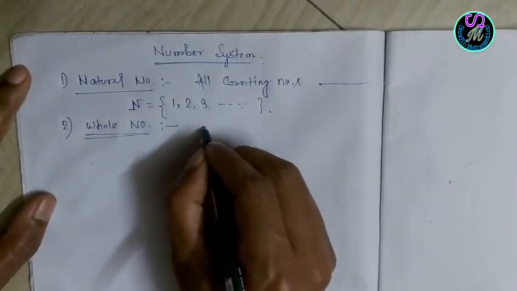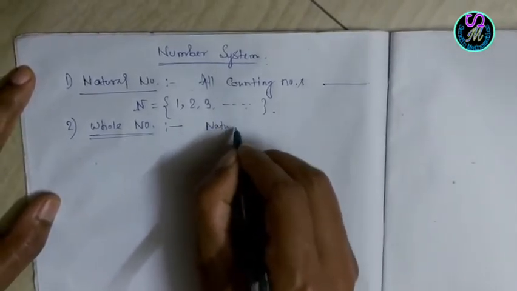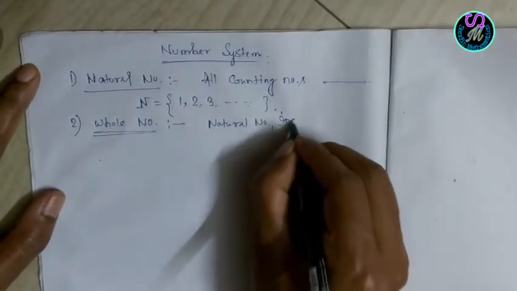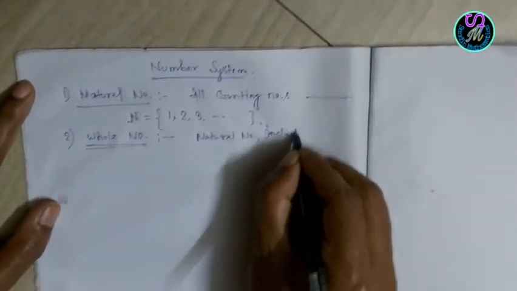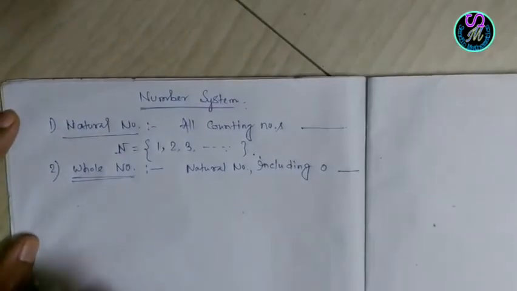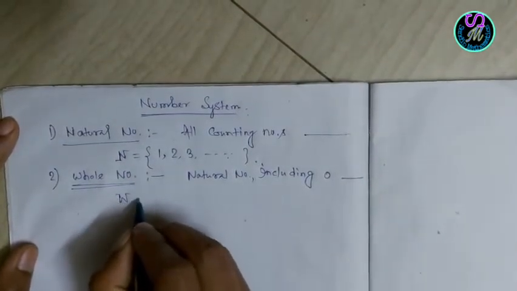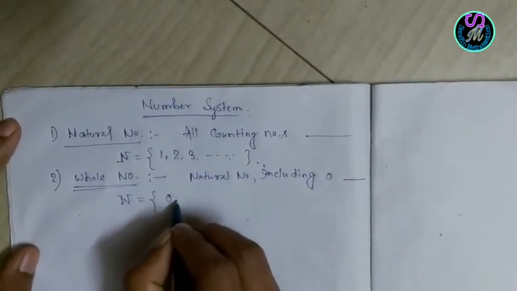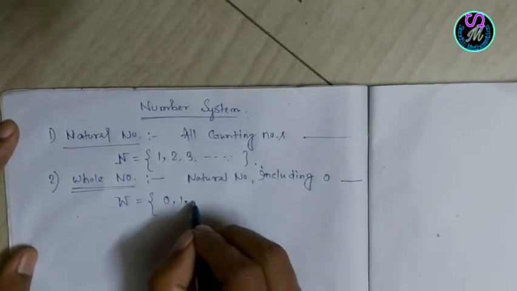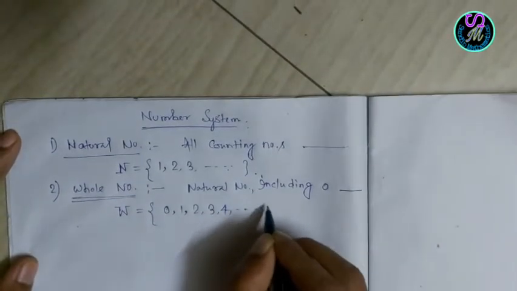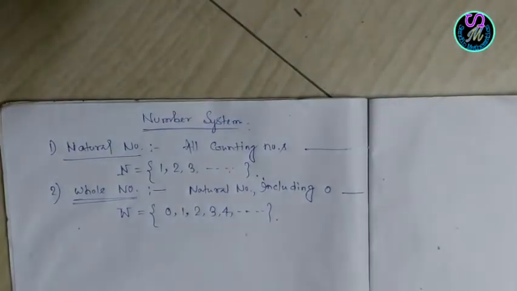So 0 together with the natural numbers is called the whole numbers. The whole number set is represented as W, and W can be expressed as first 0, then the natural numbers, that means 1, 2, 3, 4. These are the whole numbers.